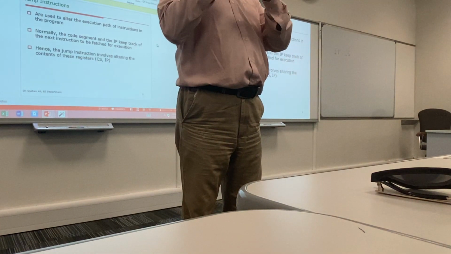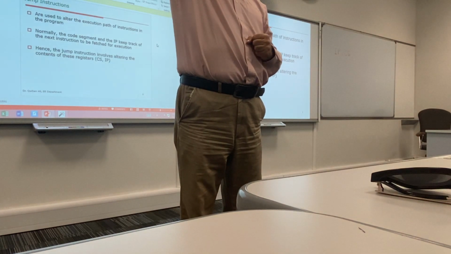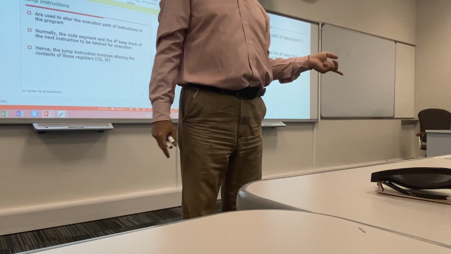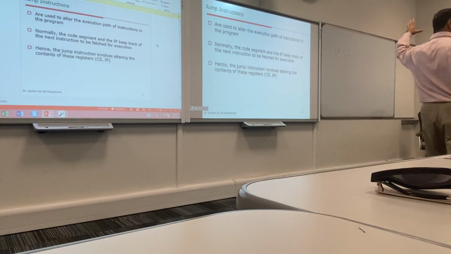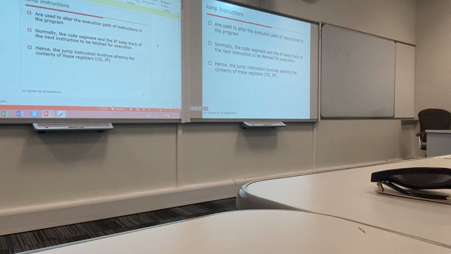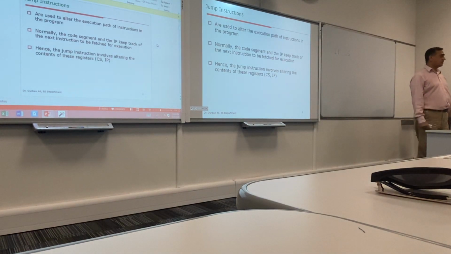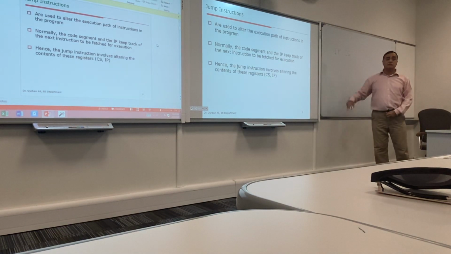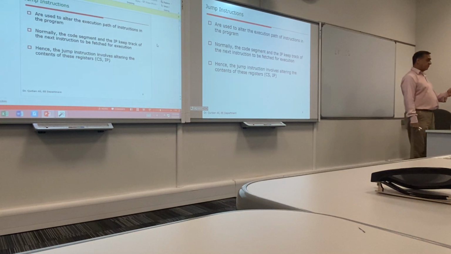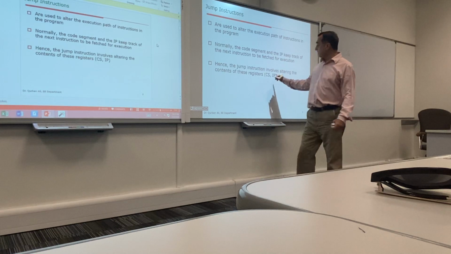But if I am jumping to another instruction in another segment, then the base address will change. For example, I am jumping to a function and my function is stored in another segment. Then obviously not only IP will change but CS will change, because CS contains the base address of the new segment and IP contains the offset address of the instruction, right? So that's why sometimes we have IP and CS both.